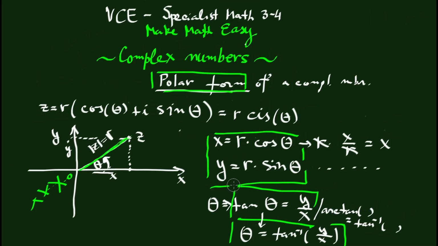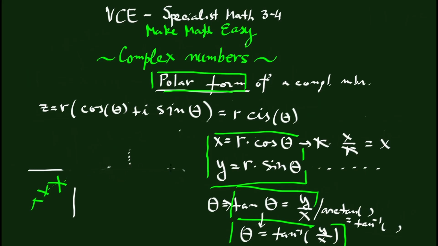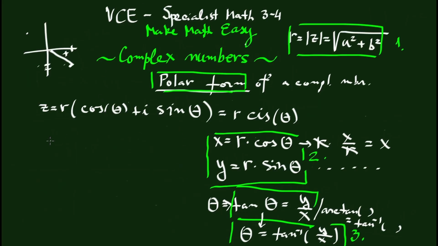Let's make some room. Let z be 4 minus 4i. Let's find its polar form. X is then equal to 4. Y is equal to minus 4.